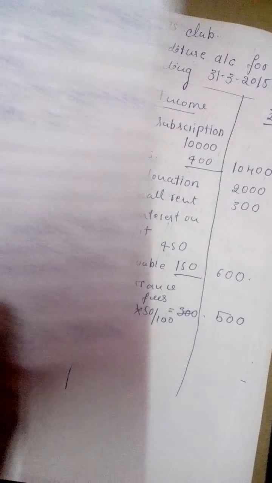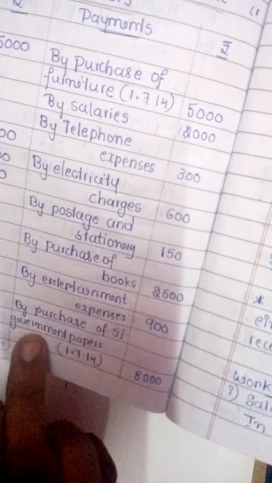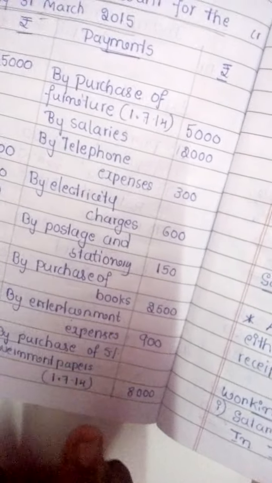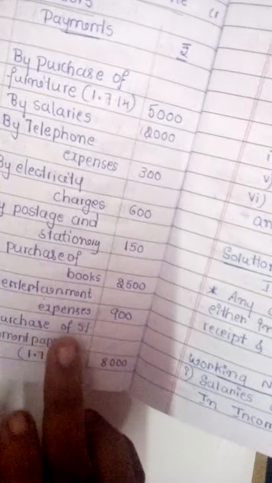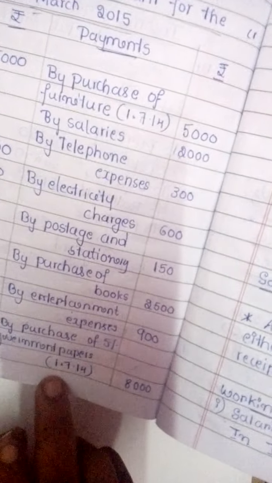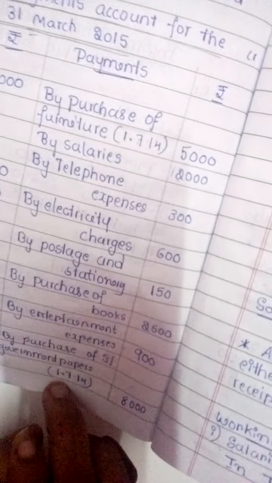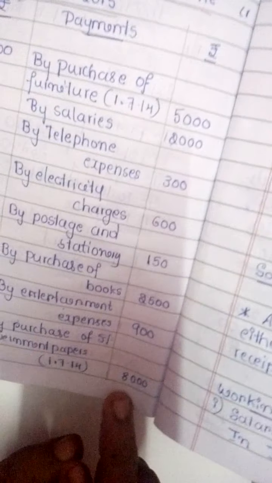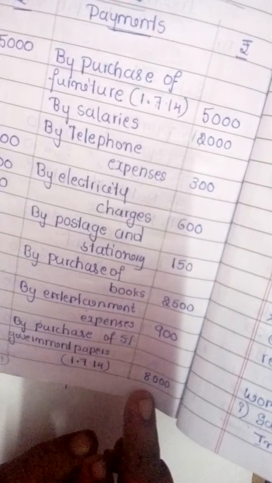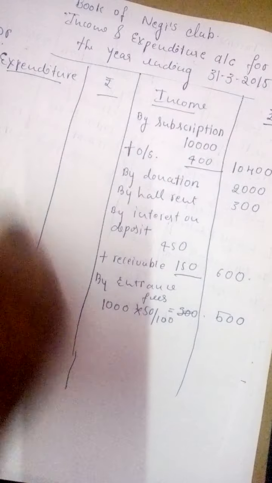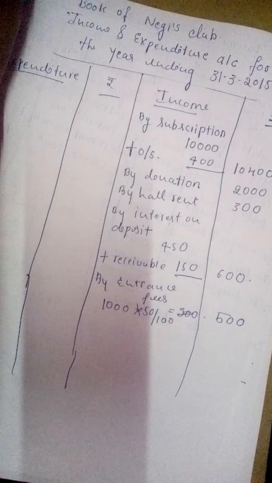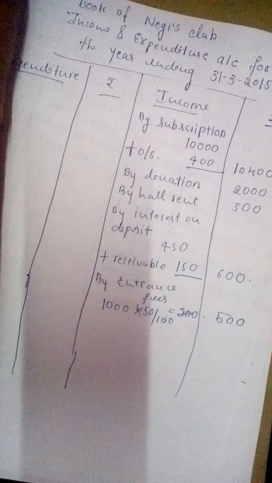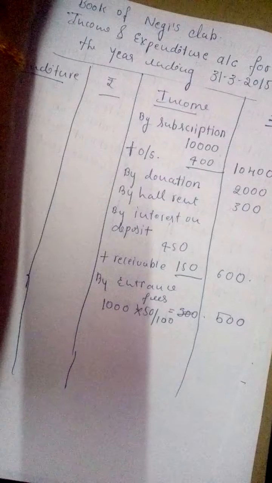Then see, on the payment side there is a purchase of 5% government papers. That means they have invested in government papers and they are getting interest of 5% for 9 months, right? From July onwards, so 9 months. So calculate 8,000 into 5 by 100 into 9 by 12.